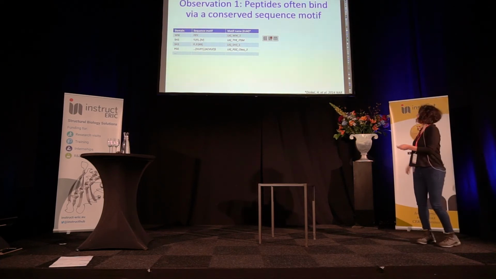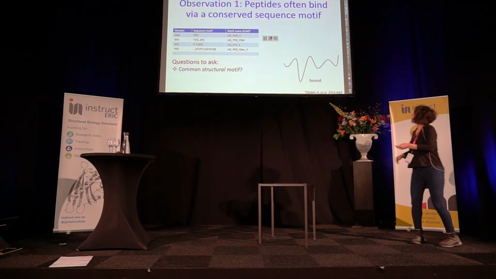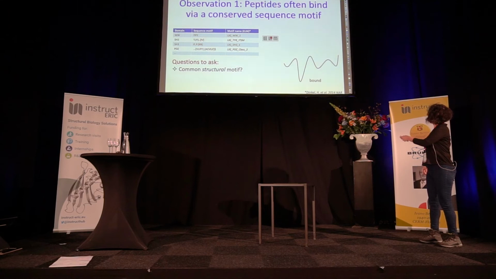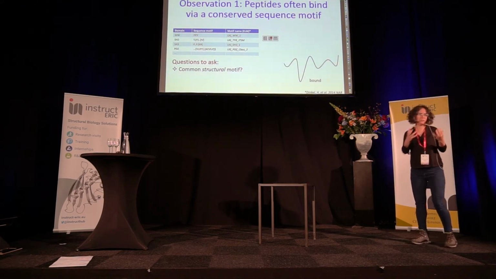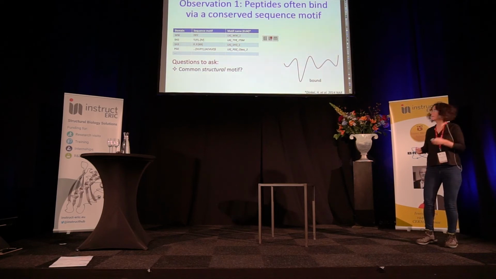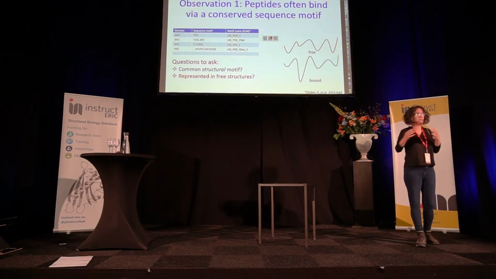And if they correspond to a structural motif, then it could well be that in this energy landscape that we see here, the bound conformation has a much lower energy. Maybe this common structural motif could also be available in the ensemble of the peptides before they bind.